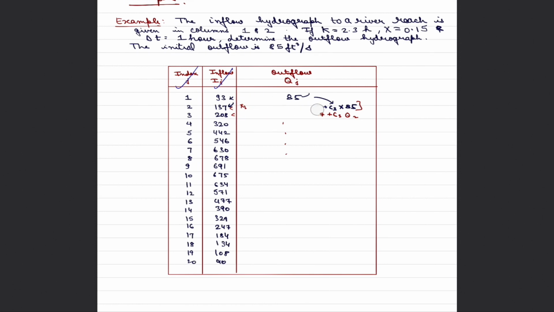We are given that the initial outflow is 85 feet cube per second. So at j equal to 1, that value is 85, the inflow hydrograph is known to us, and we are asked to determine the outflow hydrograph. Let us look into how we will solve this particular question.